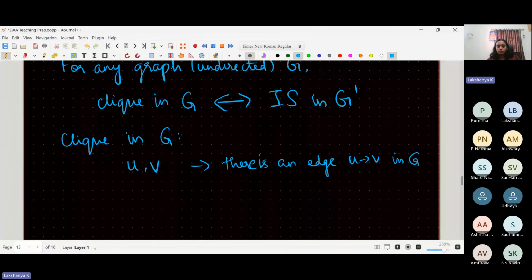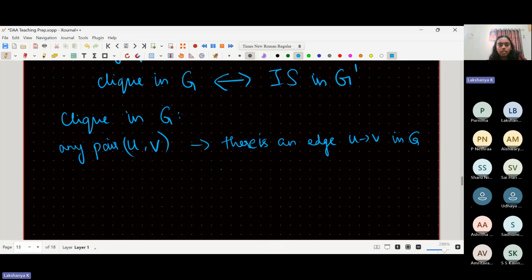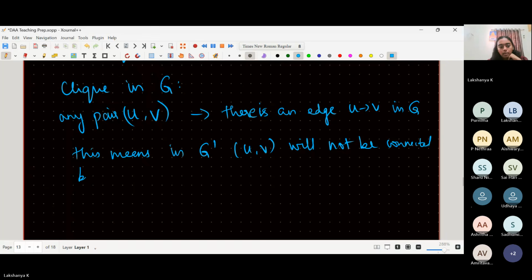So when I say edge U to V, it means an edge between U and V. So for any pair of vertices in the clique, there is an edge in G. That is why both of them are there in the clique. So now this means in G dash, U comma V will not be connected by an edge. This means U comma V belong to an independent set in G dash.